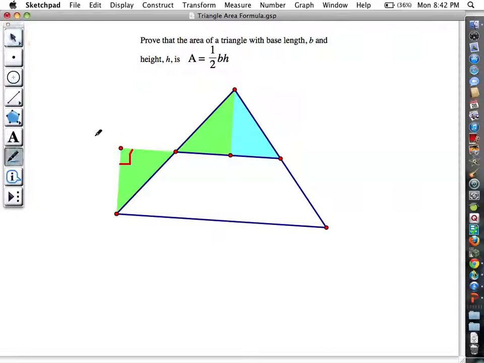And once again, I know that this is a right angle that I'm rotating because after all, we made the segment perpendicular to the mid-segment. So let's go ahead and rotate that portion there.